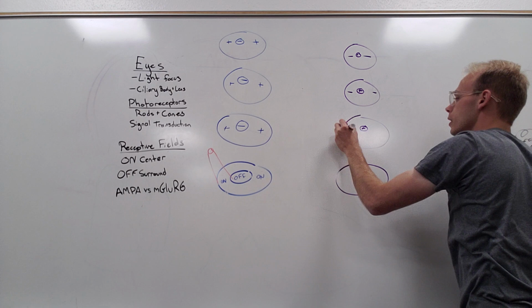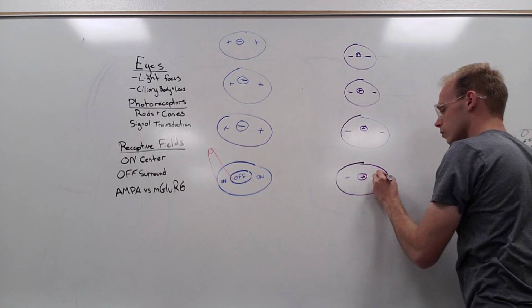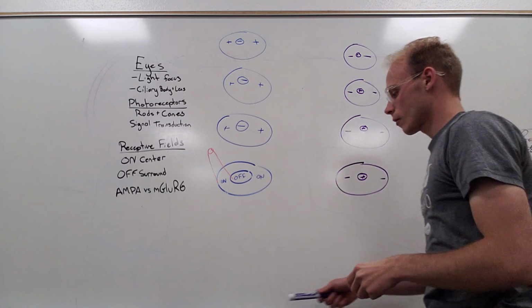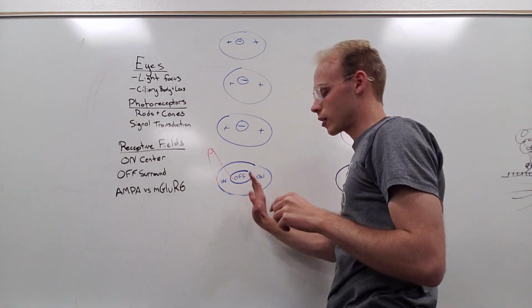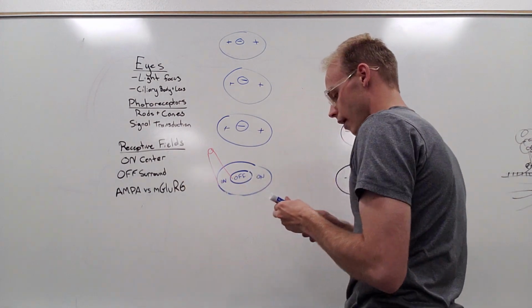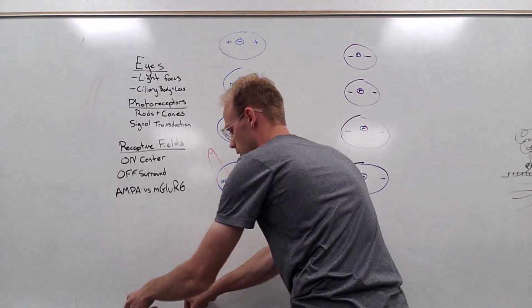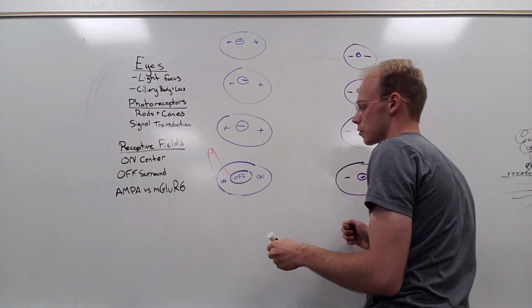On center, off surround. Okay. So if I've got light here, say we've got a beam of light slowly passing over. If you remember as we went through, I'm going to draw the frequency of action potentials.